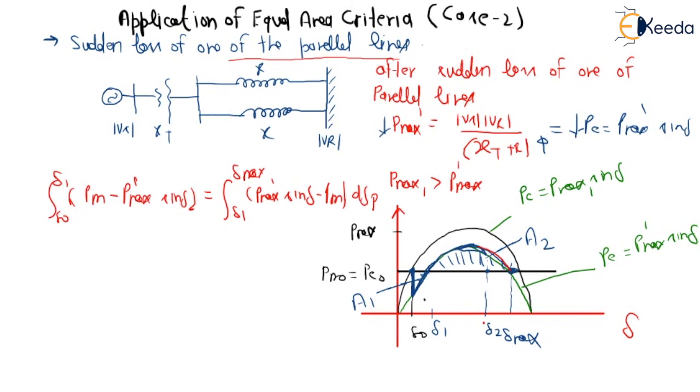Here it is del 2 to del max, meaning it is reaching the del max value. This is how we can calculate whatever value will be asked in the question. So this is all about the application of equal area criteria in case number 2. Thank you.